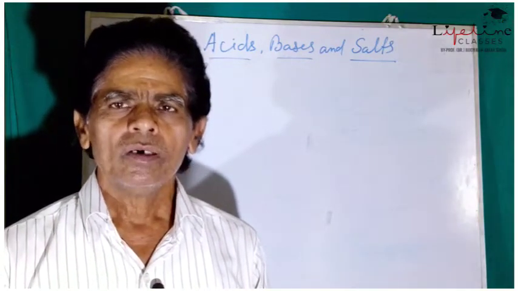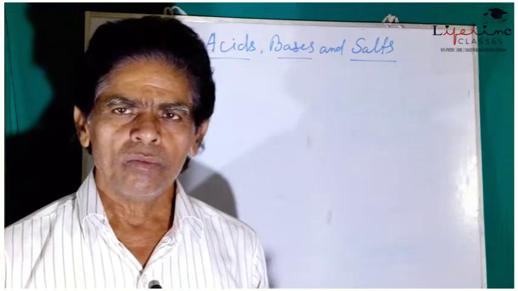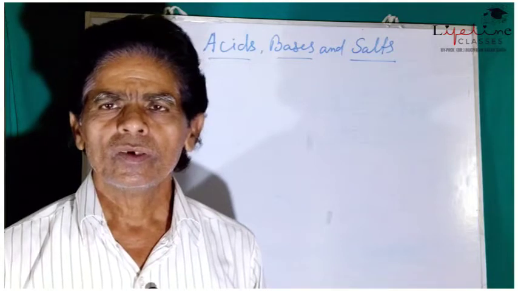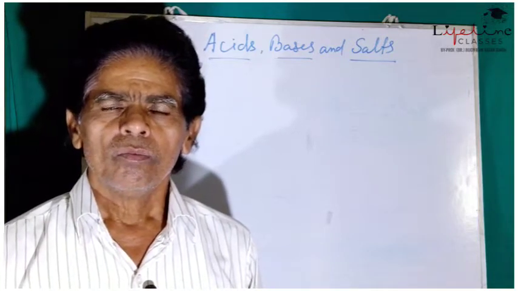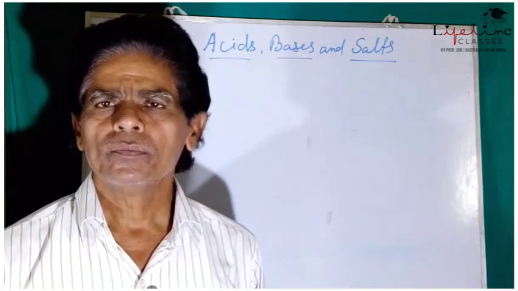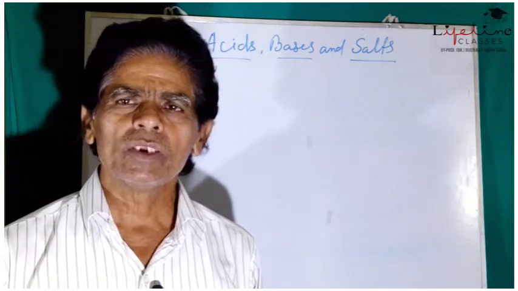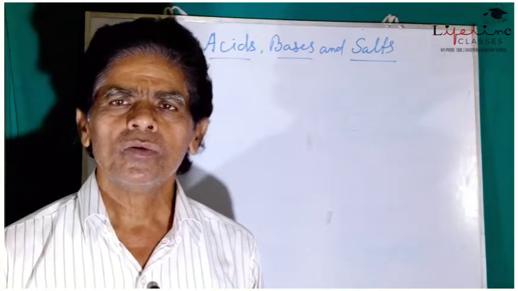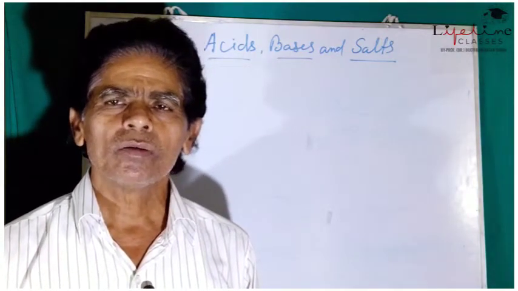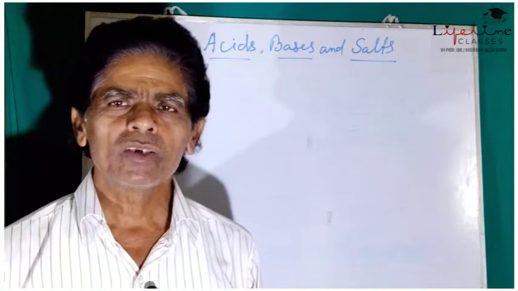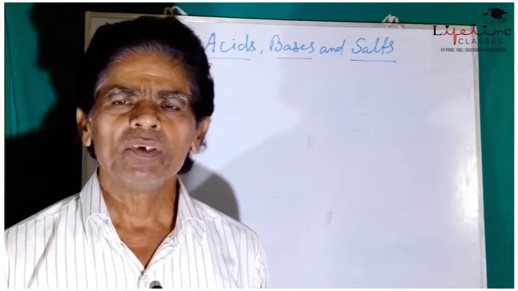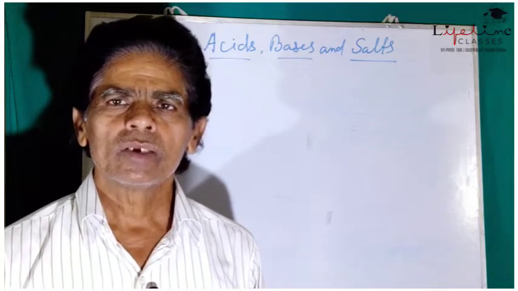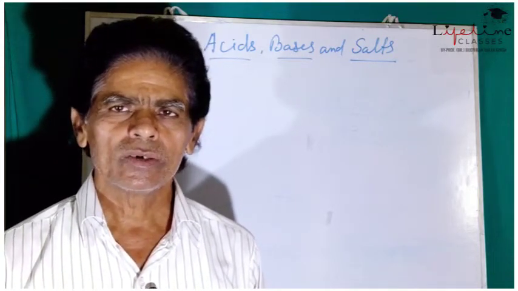First of all, we can classify the indicators according to their origin. Some indicators which are found in natural substances are called natural indicators, and those which are synthesized or can be prepared, manufactured in the artificial manner, that is in laboratory, such substances are called synthetic indicators.